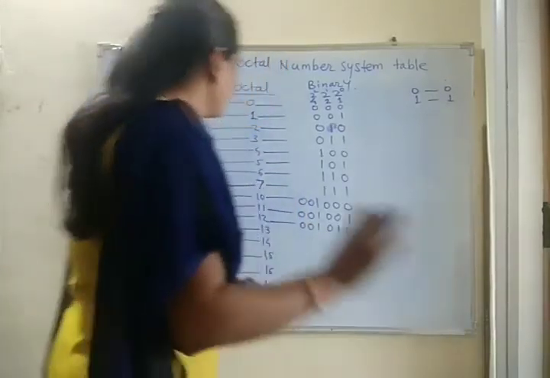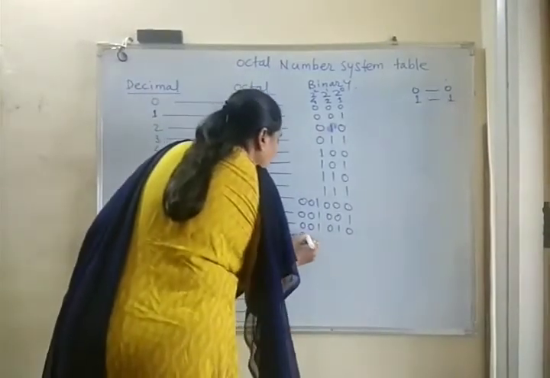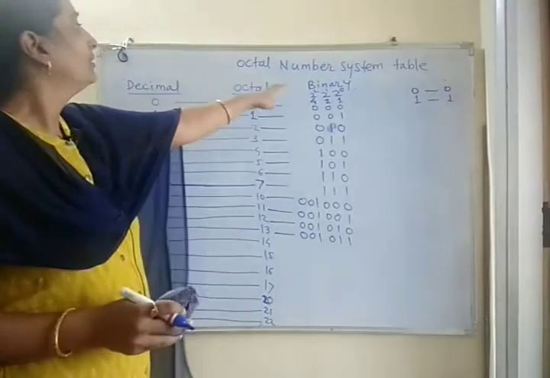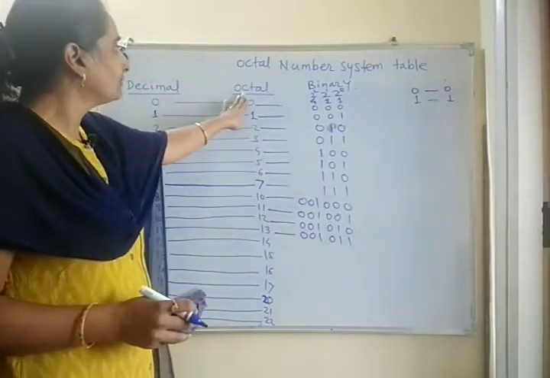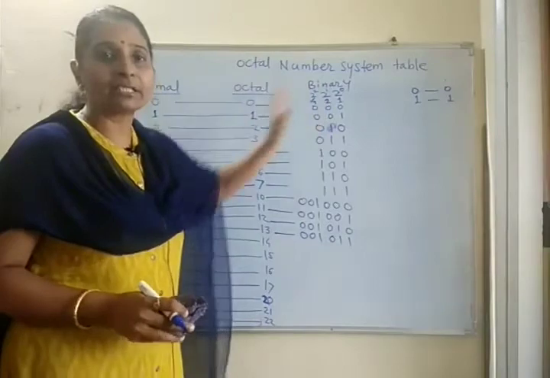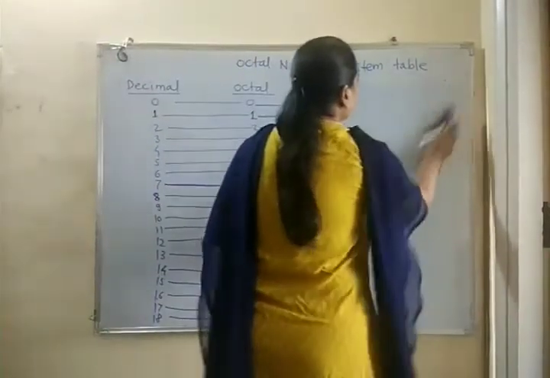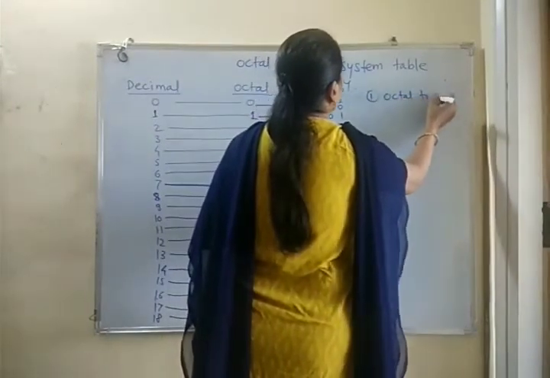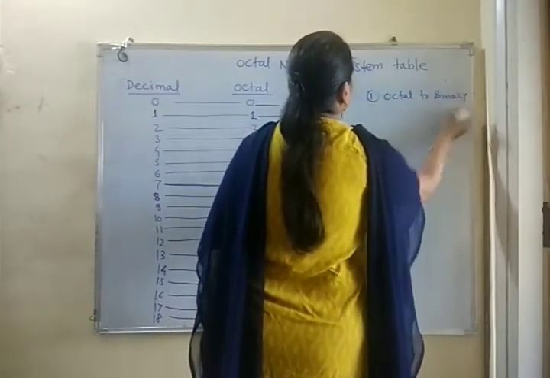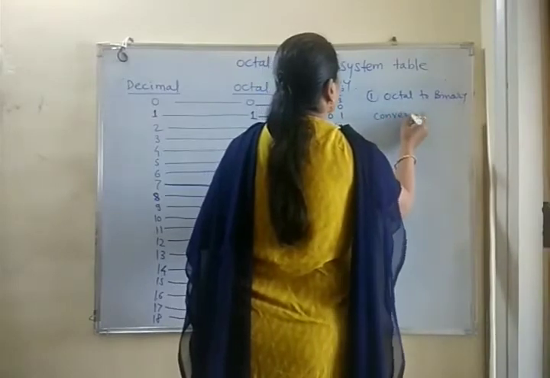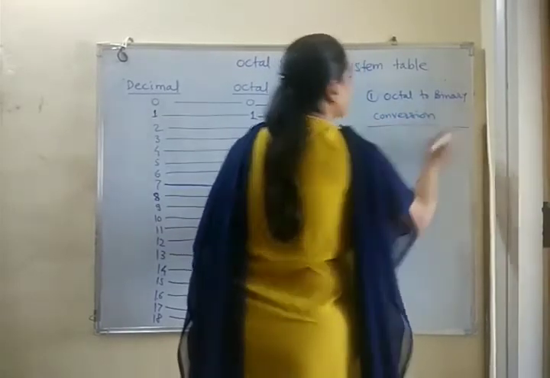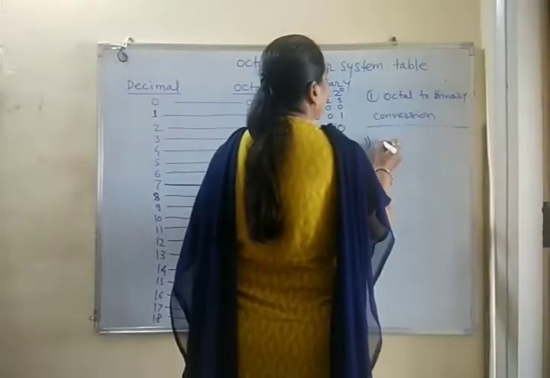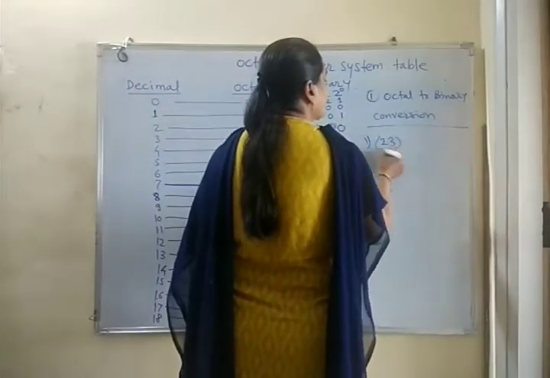So this is your decimal to octal conversion and octal to binary conversion. Just remember one thing, octal to binary conversion. While doing this octal to binary conversion, just take one example, suppose 23 is the octal number.